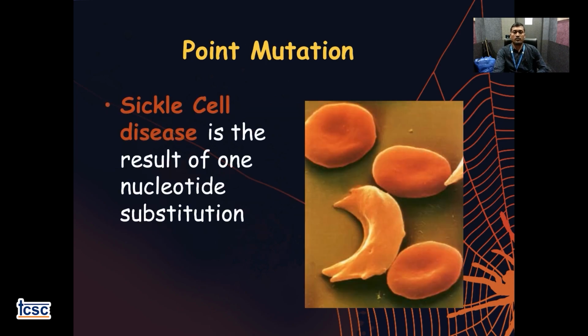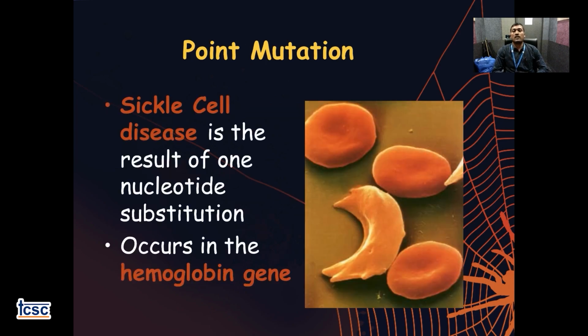Here is one example of point mutation: sickle cell anemia, or you can say sickle cell disease. Basically, sickle cell anemia is caused due to a hypoxic condition. What is meant by hypoxic? Low oxygen level.